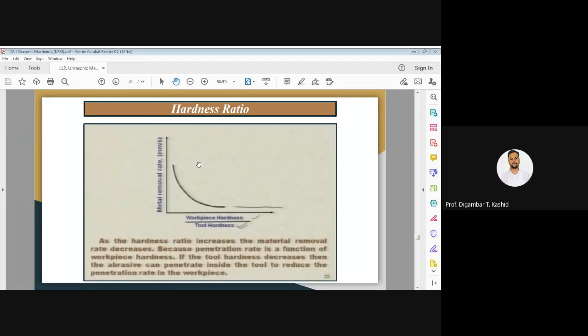And if the tool hardness decreases, then the abrasive can penetrate inside the tool, which reduces the penetration rate in your workpiece.